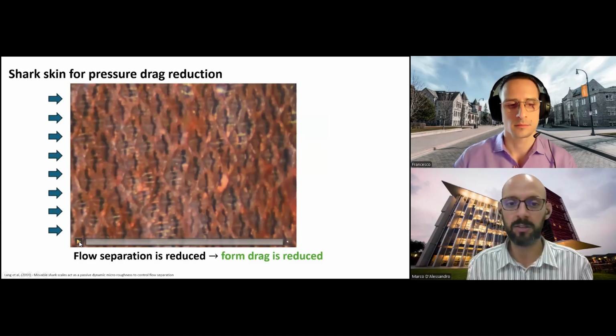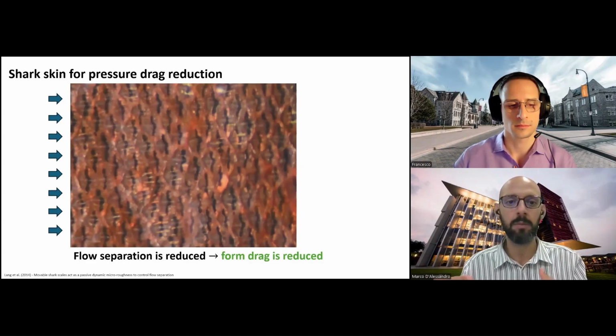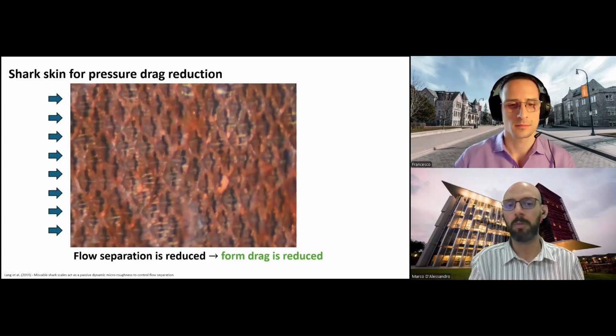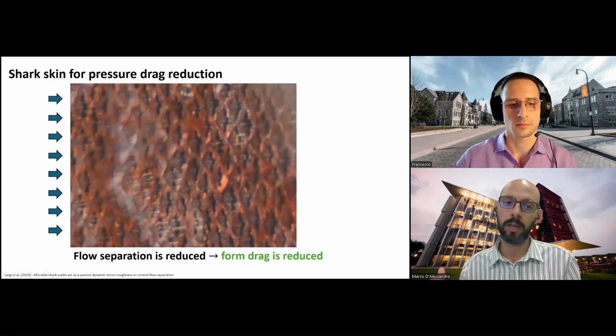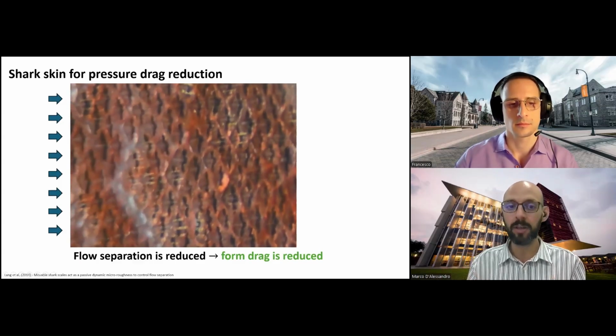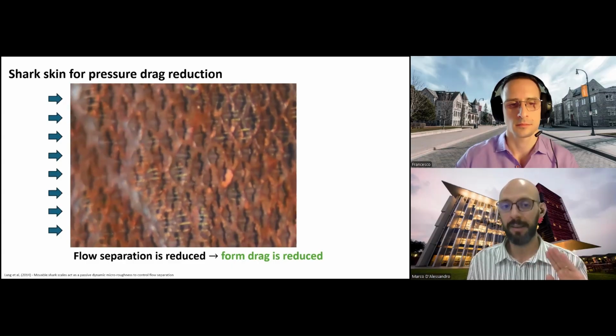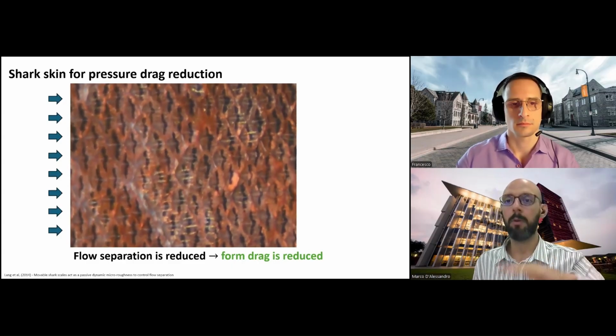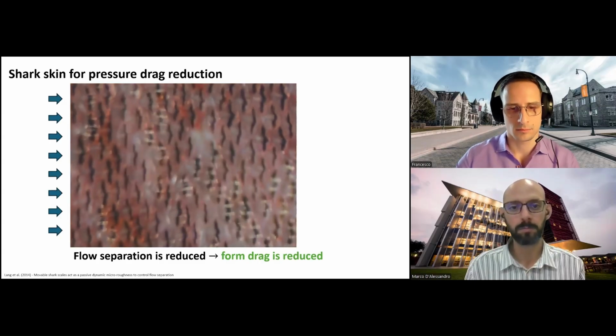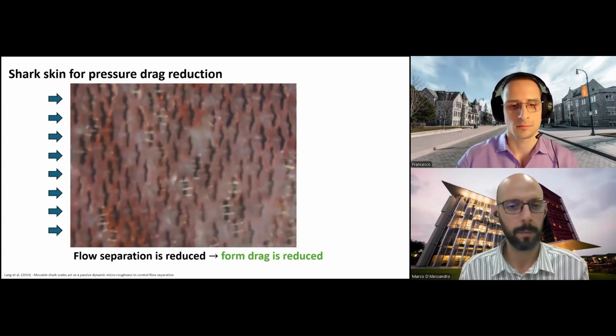In fact, if we take a look at this video, we can see that anytime the flow is moving from left to right, and anytime there is flow going back to the left, the denticles lift up, they bristle, they raise up to block that reverse flow.